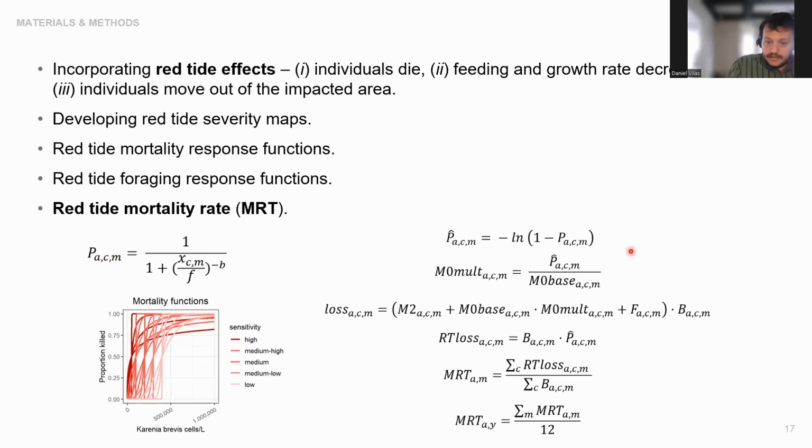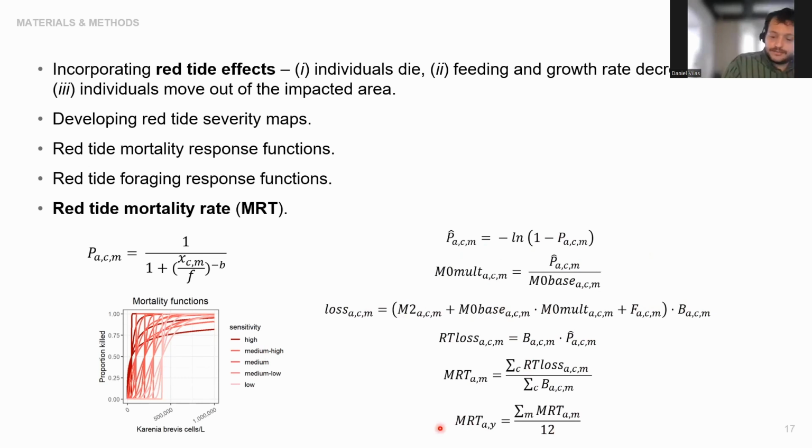And we got this instantaneous mortality rate, which was scaled to the base other mortality and incorporated with the predation mortality and fishing mortality to get all the loss in each cell. The red tide loss was just multiplying the instantaneous proportion by the biomass, and we got the annual by summing and averaging through all the months.